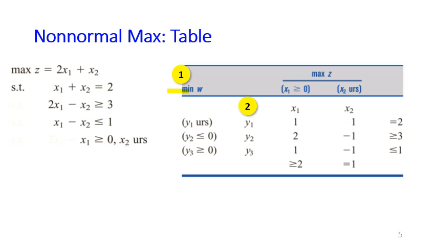Now for the sign restrictions for each variable, here's where you need to be careful. The first dual variable comes from the first primal constraint. In the primal constraint, the sign is equality. Whenever the sign of a constraint is equality, the corresponding dual variable is URS. So that's why here you write down y1 URS.